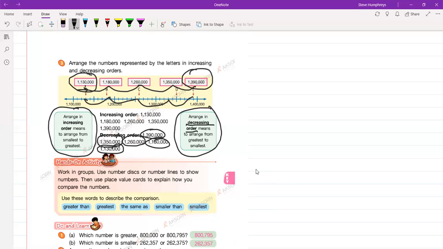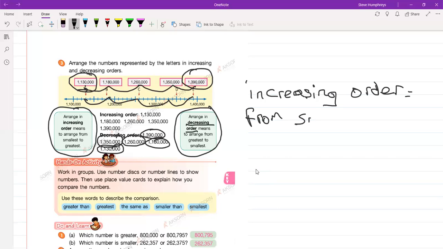Okay, you can write that down. Increasing order means from the smallest to greatest.